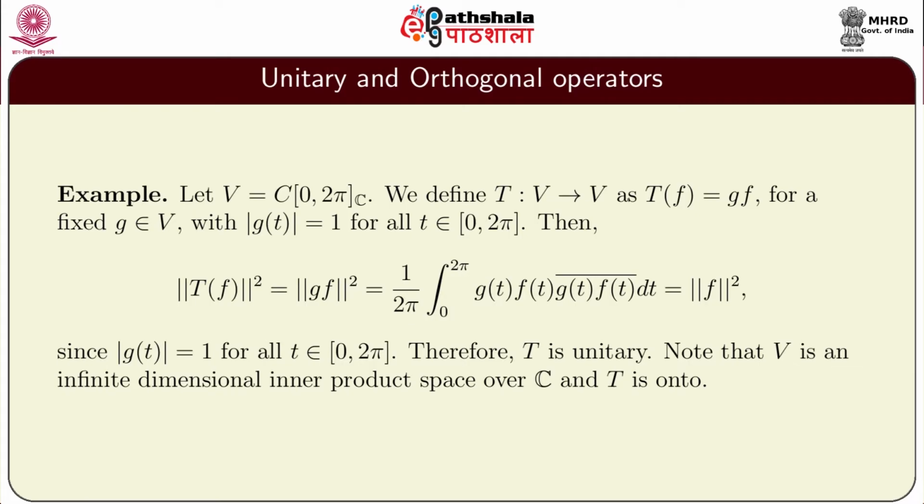Then norm of Tf square is norm of gf square, which by definition is 1 over 2 pi integral 0 to 2 pi g(t) f(t) times g(t) f(t) bar dt, and that is equal to norm of f square since mod of g(t) is 1 for all t between 0 and 2 pi. Therefore, T is unitary. Note that V is an infinite dimensional inner product space and T is norm preserving, and also T is onto.